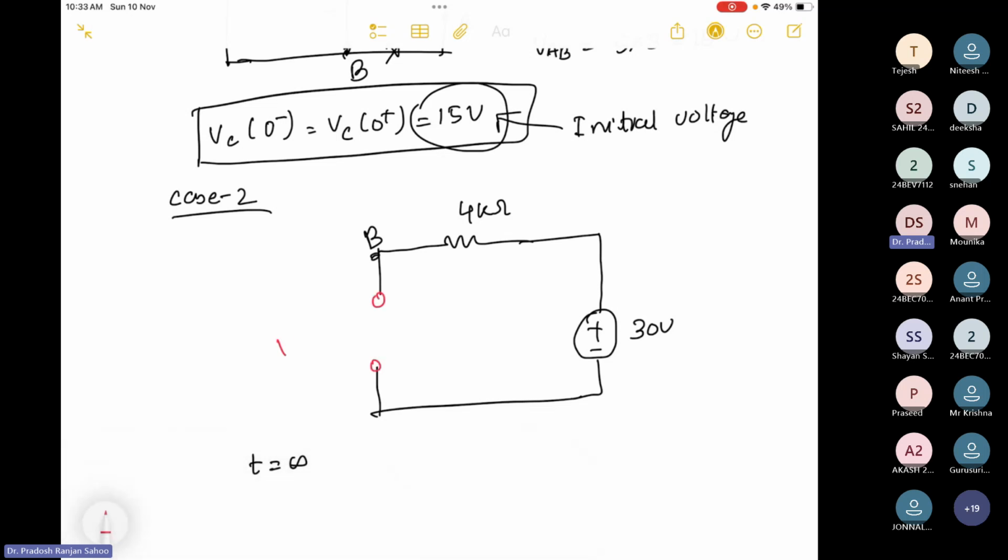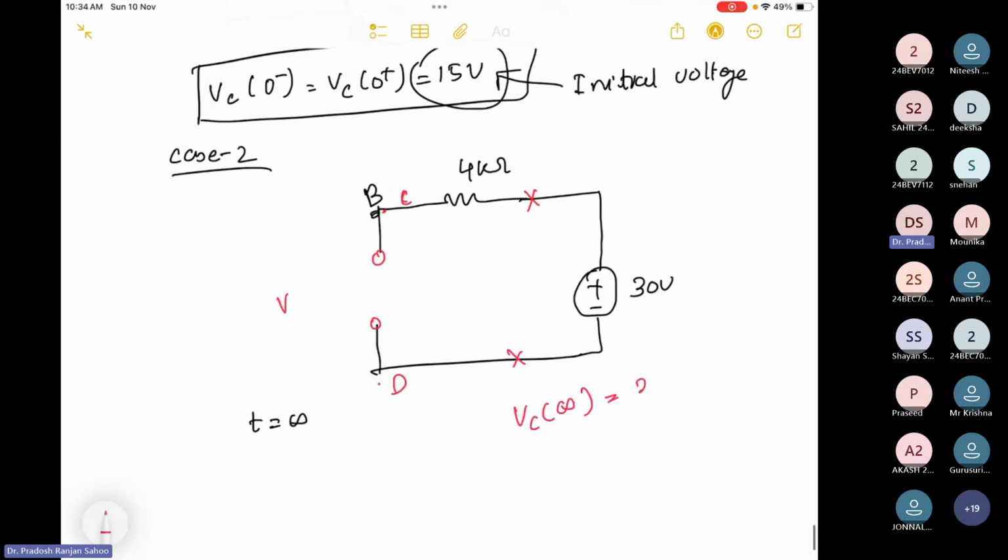At t equal to infinity, the capacitor again behaves as an open circuit. This is C and this is D. No current will flow, so the voltage across the capacitor at infinity is nothing but the source voltage, 30 volt.